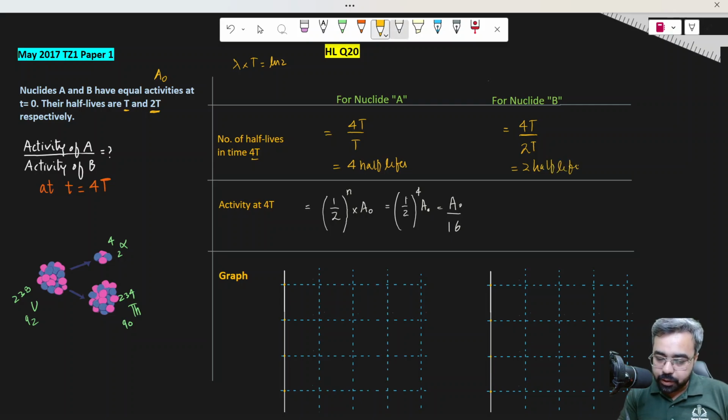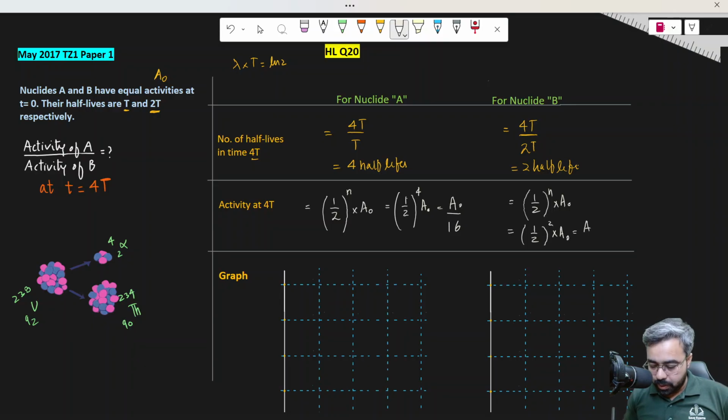After one half-life, its amount will be A0 over 2, and then after two half-lives, it should be A0 over 4, which you know already. So let me write it again: (1/2)^2 times A0. This is the proper method to find the activity. So this is the activity of nuclide B.